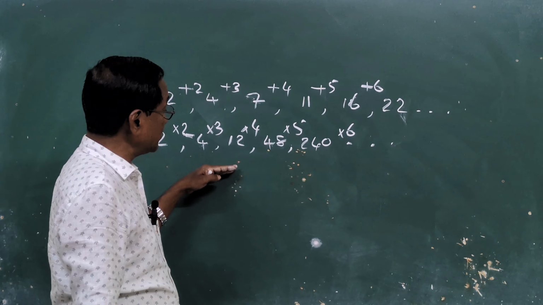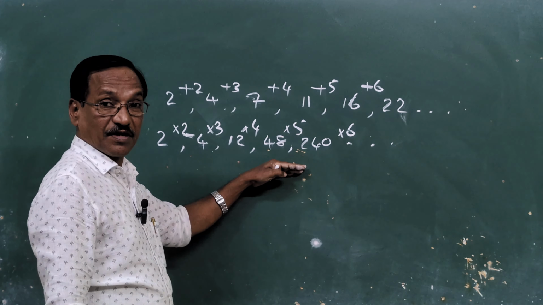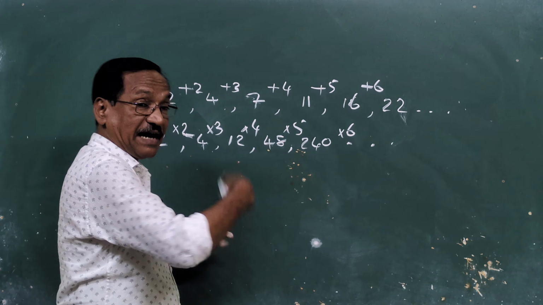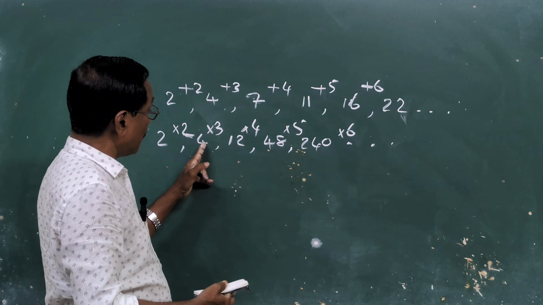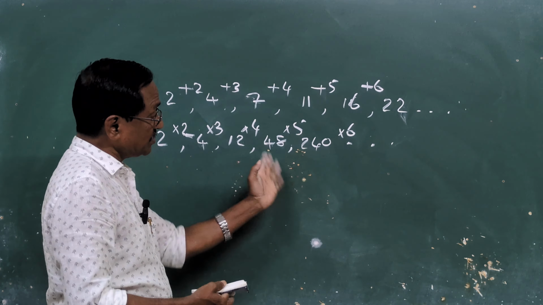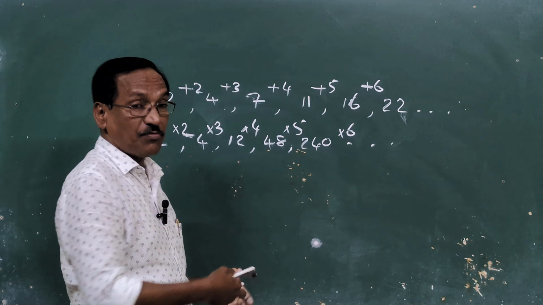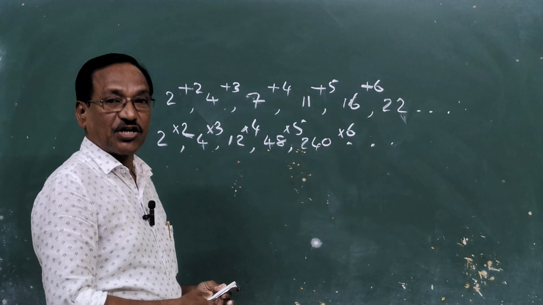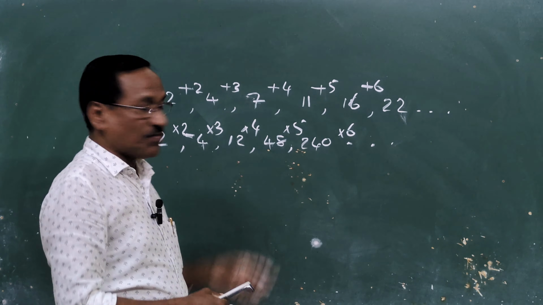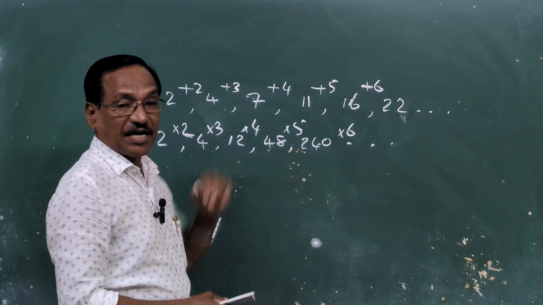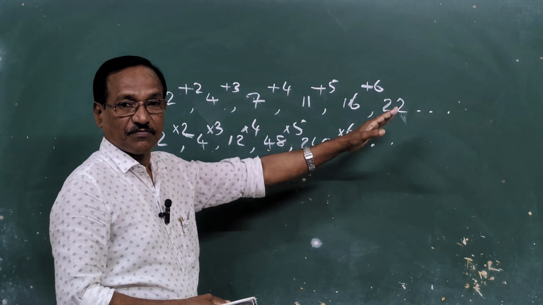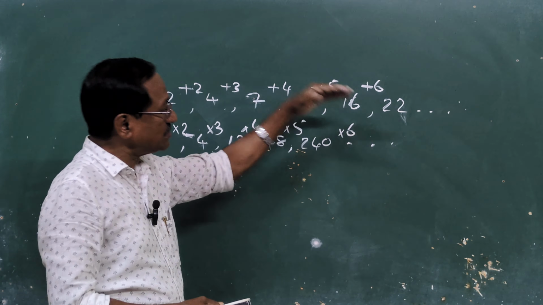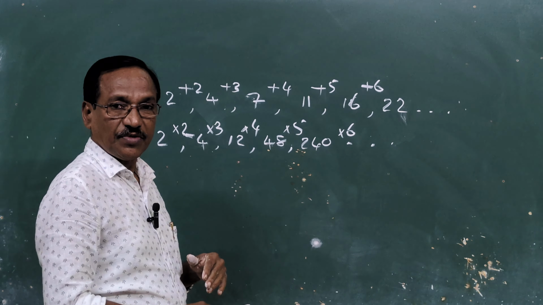But it is not the case for the second one. The numbers are increasing at a high pace. Here 2, then 4, then 12, then 48, then 240. Numbers are becoming larger and larger very quickly. But it is not so in the addition pattern case. Numbers are of course increasing, but not at that high speed.